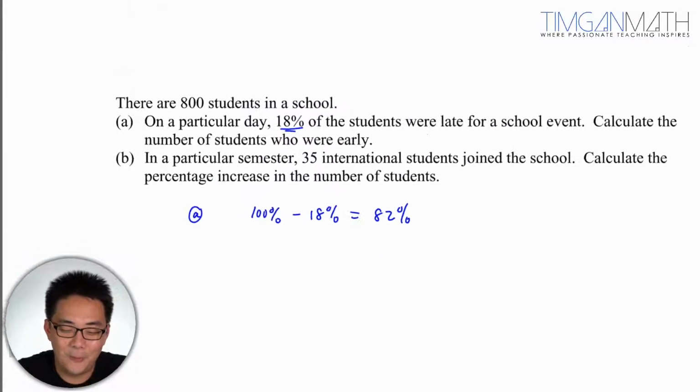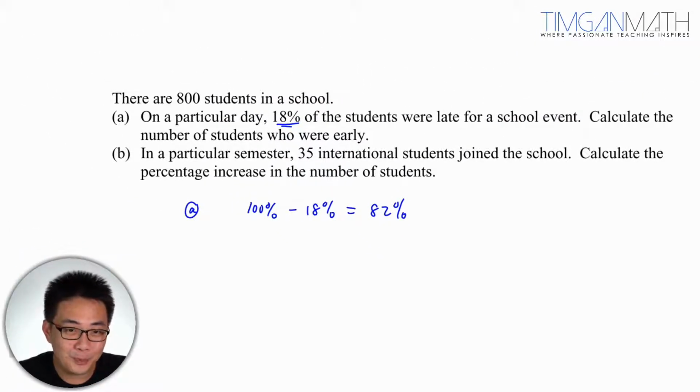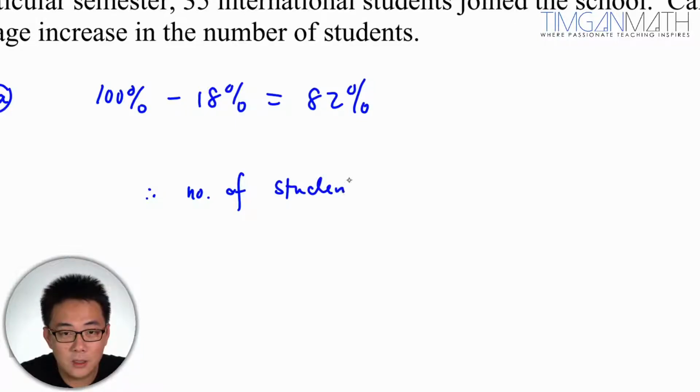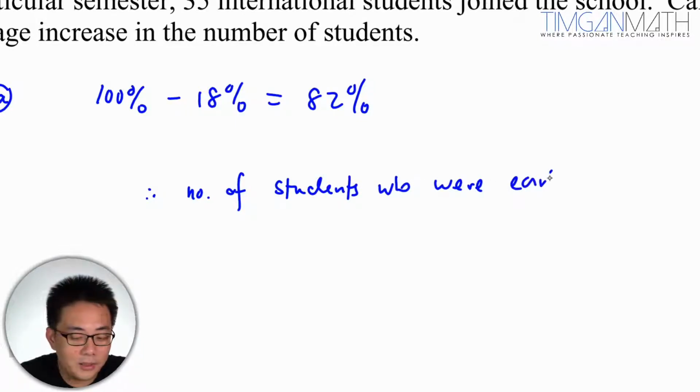Once this is done, what we're going to do is find out the number of students who were early. The number of students who were early is 82% multiplied by 800.